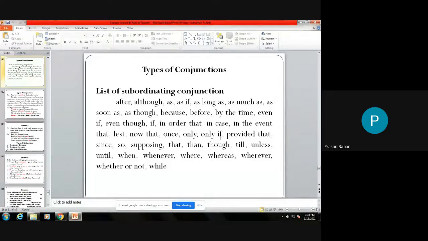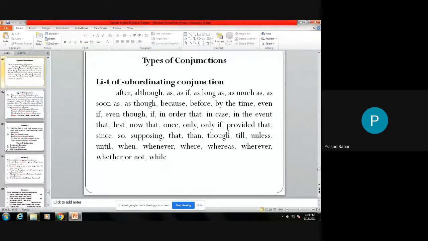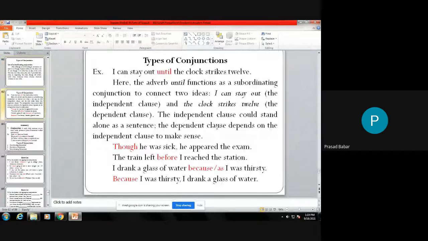The difference between coordinating and subordinating conjunctions is that we use subordinating conjunctions with sentences having two clauses, one of which is the main clause and the other is the subordinate clause.